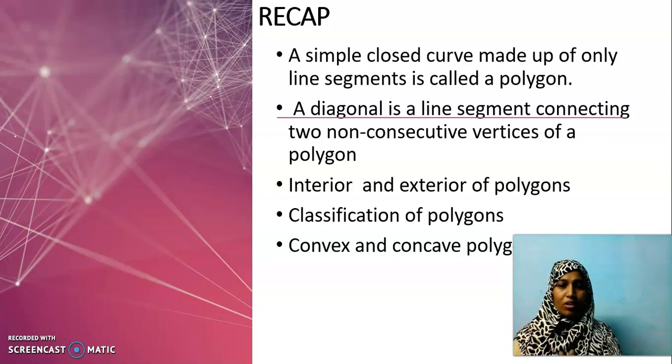These convex and concave polygons are new to you, my dear children. And I hope you remember. Okay, how did we define convex and concave polygons? Using the term diagonal. Where do the diagonals lie in a concave polygon? Yes, at least one of the diagonals will lie outside the polygon.